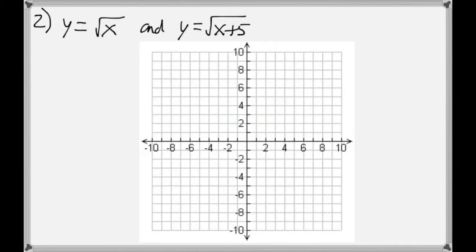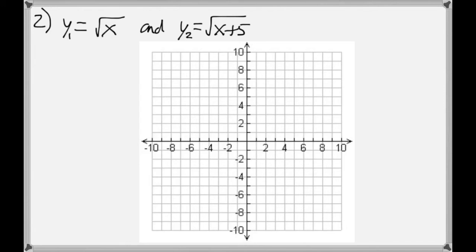Okay, number 2, it's the same thing. In my y1 and my y2, I want to type in these two equations. The square root is the second x squared key, and then square root of x plus 5. Let's graph those.